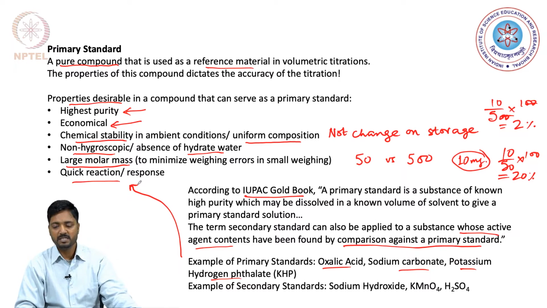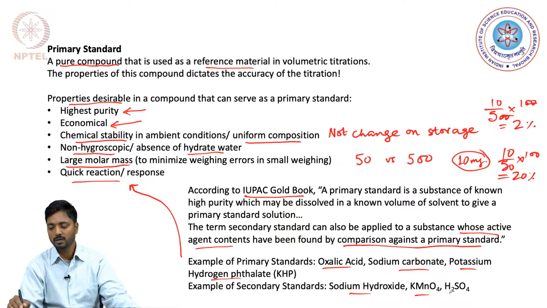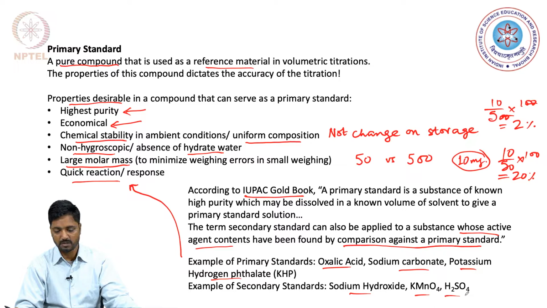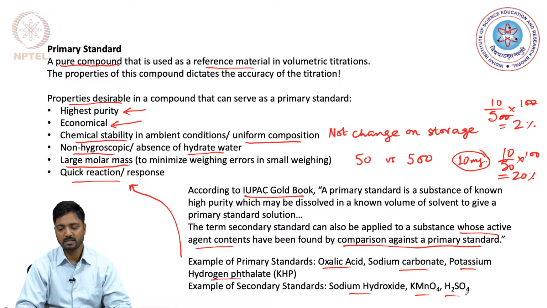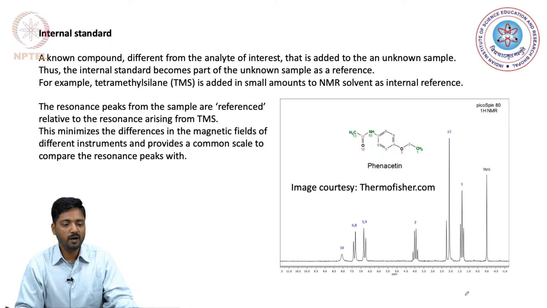And similarly, secondary standards are compounds such as sodium hydroxide, potassium permanganate, or sulfuric acid, for the reasons that were enlisted in our previous discussion. Mainly, these compounds are either hygroscopic or undergo compositional changes upon storage, which implies that they cannot be used as primary standards. Now, let us look at what we mean by an internal standard.